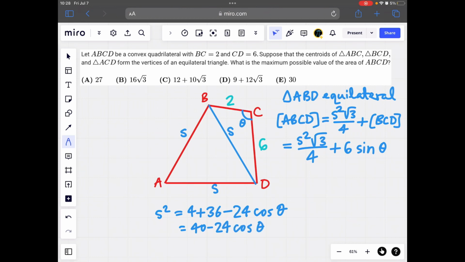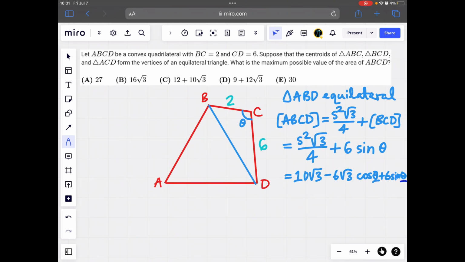If you multiply that by root 3 over 4, you're going to get 10 root 3, that's 40 times root 3 over 4, minus 6 root 3 cosine theta, and then plus 6 sine theta. So that's the area of quadrilateral ABCD in terms of angle BCD, which we have referred to as theta.